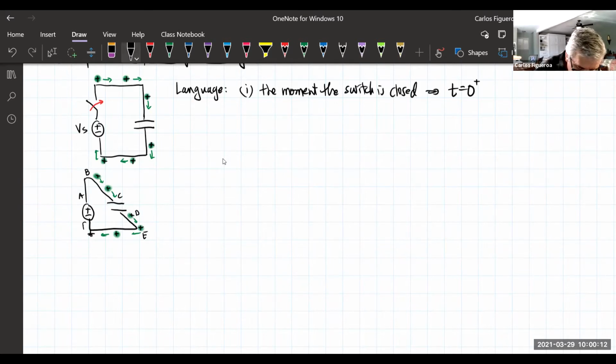What you're going to find is that for the field in the wires, if you plot the potential, and I want to be careful here, it would be by position, let's say position x.